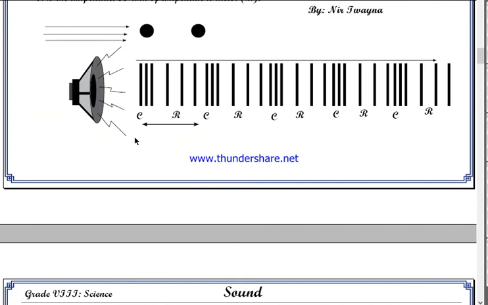To measure wavelength there are three alternatives.